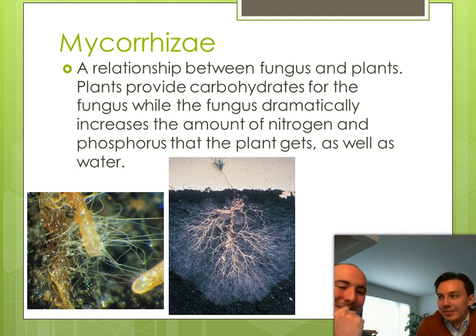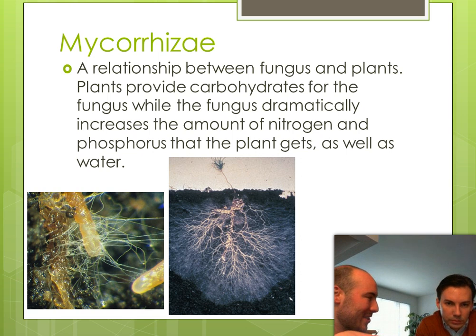Well, the reason I bring this up is, do you eat anything with corn in it? Yeah, sometimes. So we're really dependent on fungus to grow all the plants that we eat, because on the roots of plants, they have fungus growing on them. We call this relationship mycorrhiza. In the picture on the bottom in the middle, you can see all the kind of bluish stuff. That's all fungus growing on the outside of that root and the root hairs.